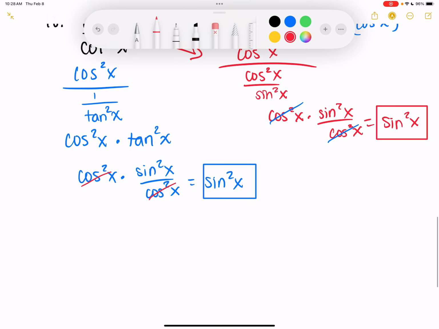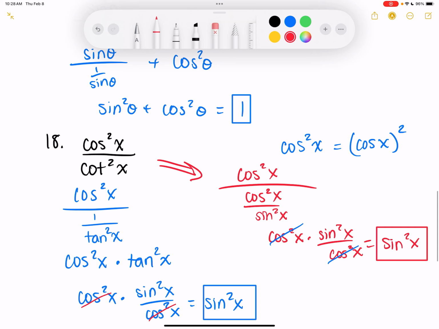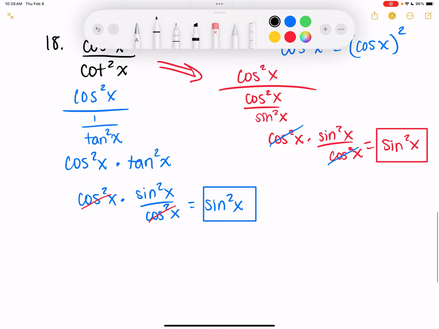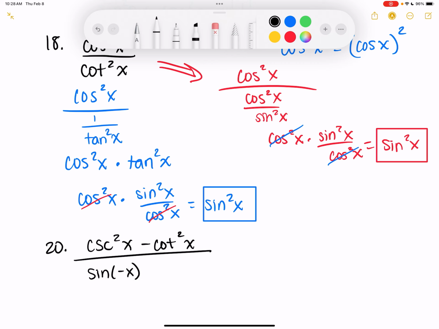All right, 20. Cosecant squared of x minus cotangent squared of x over sine of negative x times cotangent of x. So there's a lot happening in this problem, right?